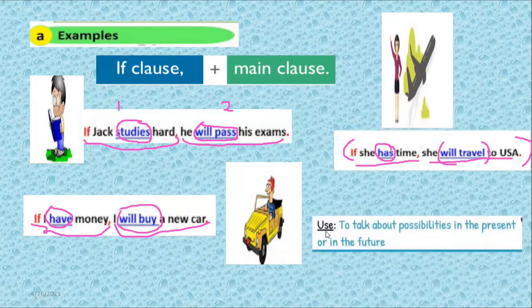We use this structure to talk about possibilities in the present or in the future, as I said. This result will come true in the present or in the future. So this kind of condition can be possible to happen in the present or in the future.